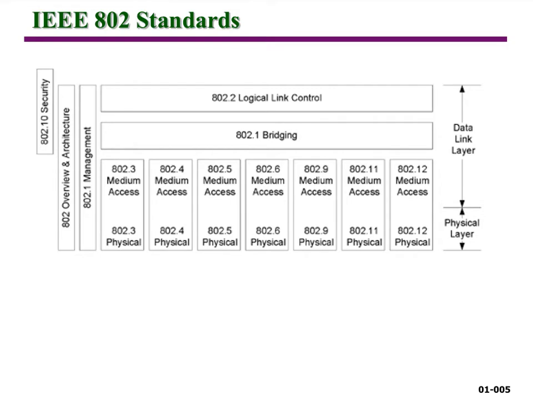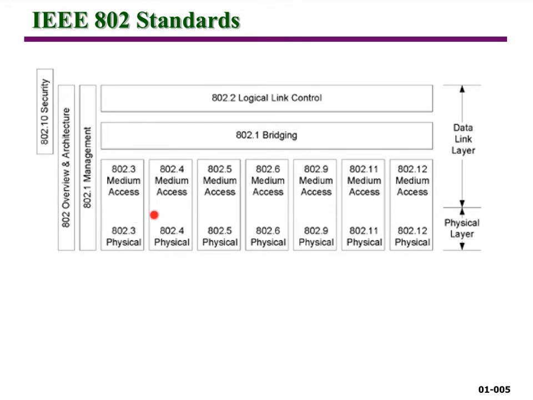Whether it's wired or wireless or anything, it does not matter for this logical link control sublayer. And that's why the standard itself, it's common. It's common between all these medium dependent kind of layers.